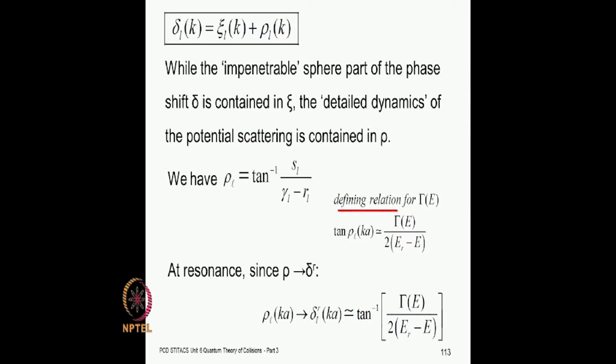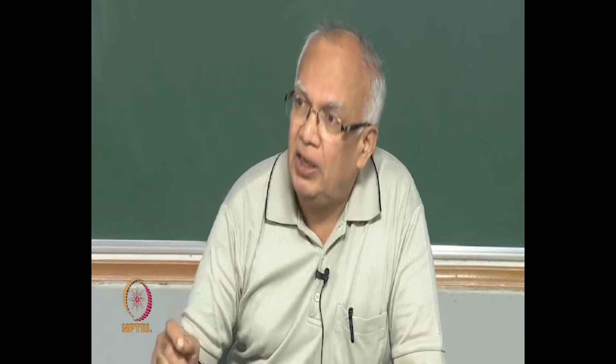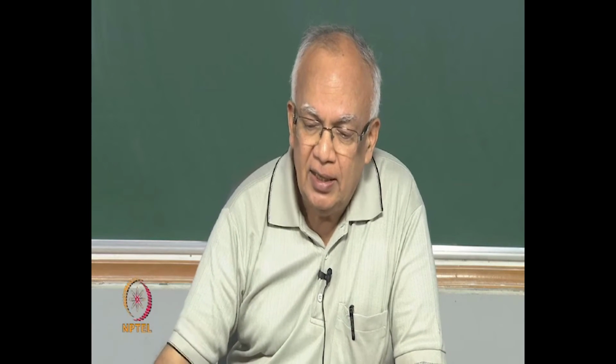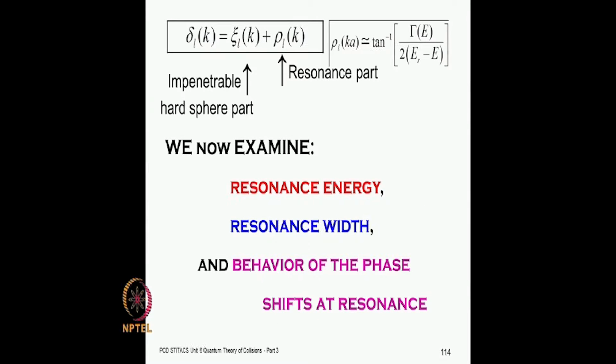That remaining part of the phase shift at resonance, we are using a specific symbol to represent, which is delta with a superscript r, and at the resonance rho is now given by delta superscript r, which is tan inverse of gamma over 2 times ER minus E, by the definition of gamma that we have introduced. What we will do now is to examine the resonance energy, resonance width, and the behavior of the phase shifts at the resonance.